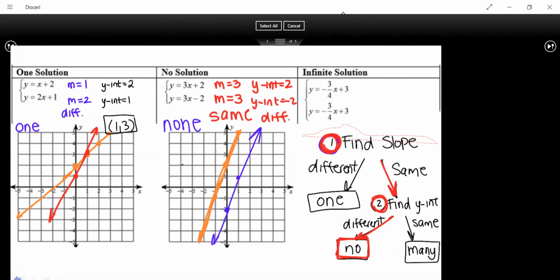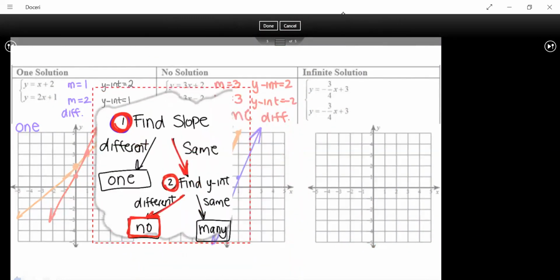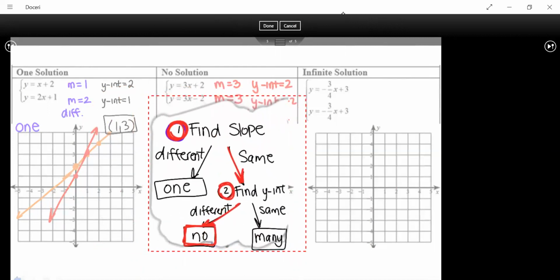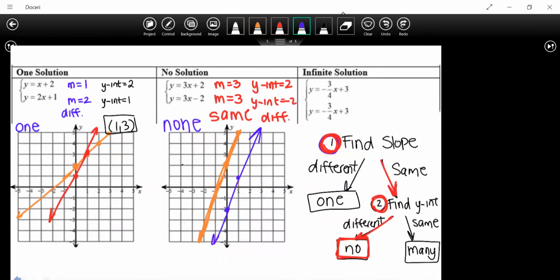I'm hoping to get all this. Haha, I did it. Can we move this a little bit over? Sorry. Oh, I didn't do it. Let me try this again. Oh, dear.